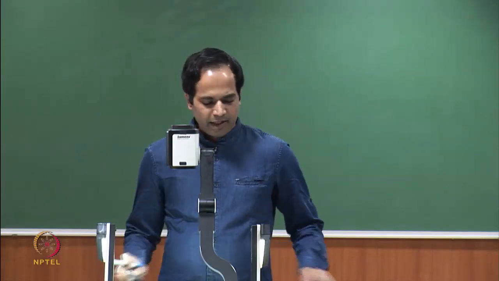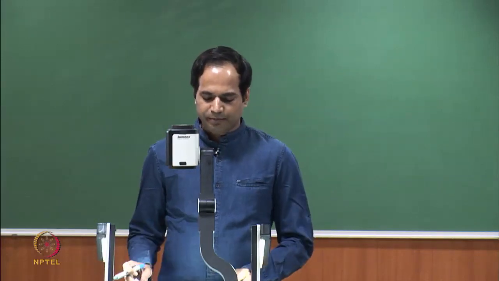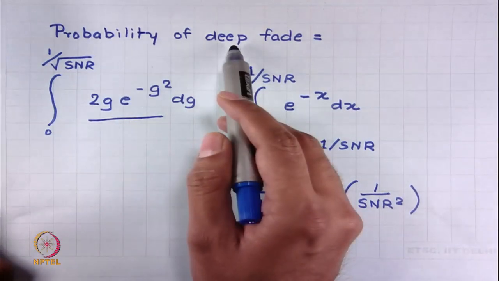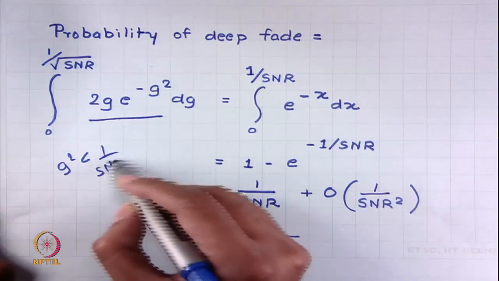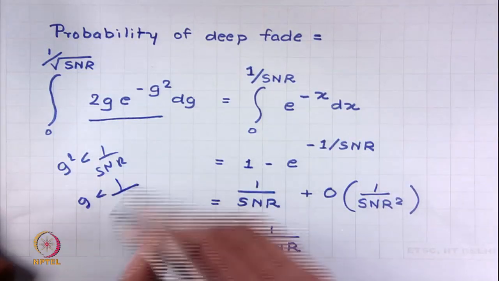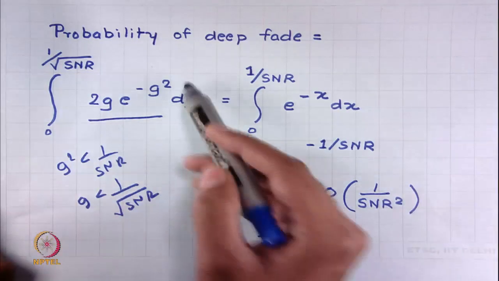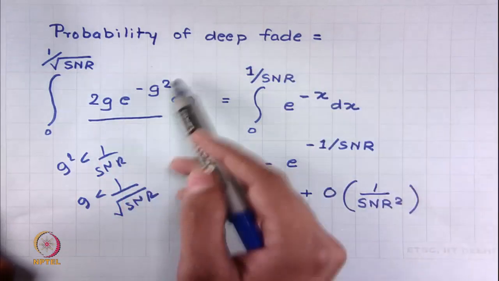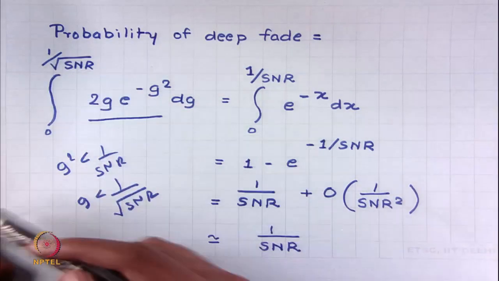Okay. Let us investigate what is this probability of deep fade. So, we know that the PDF expression is this, and deep fade will happen when g square is less than 1 by SNR, that means g is less than 1 upon square root of SNR. So, I have to find out the probability of deep fade by integrating this PDF between 0 to 1 upon root of SNR.